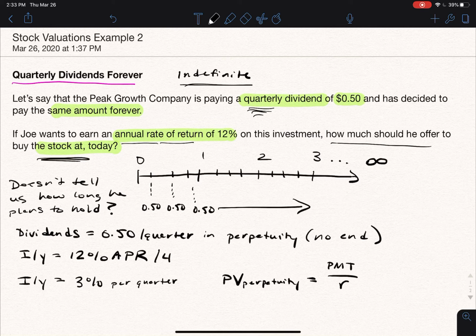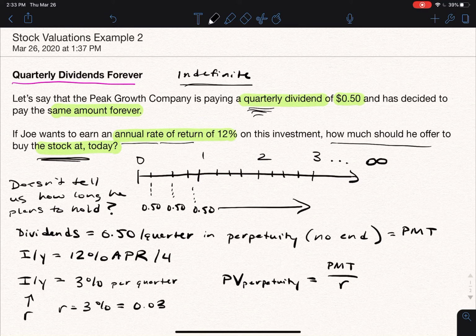And remember that I/Y is just our calculator button for r, right? So r is 3%. And since we're going to do this math algebraically, I also have to convert that to a decimal before I work with it algebraically. All right, and don't forget that the dividends are cash flows that happen every quarter. Those are our payment, right?